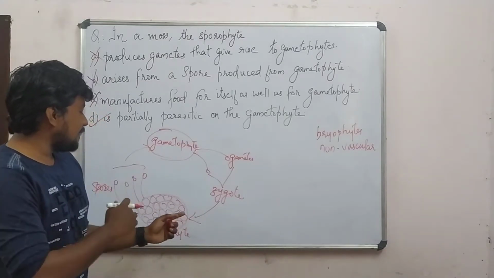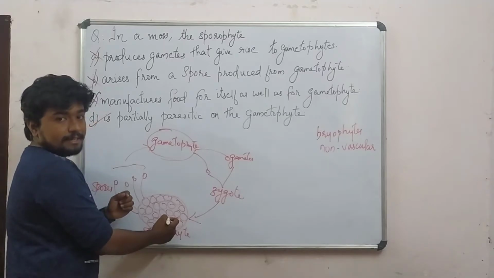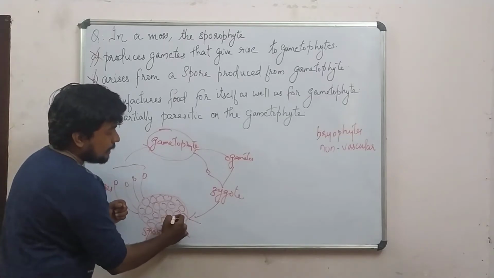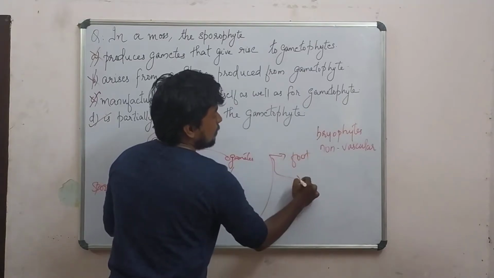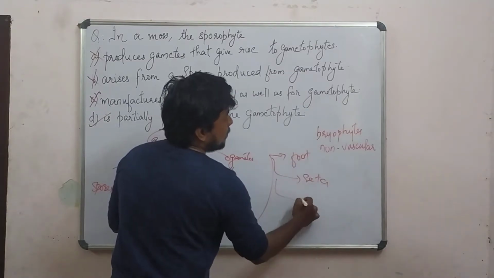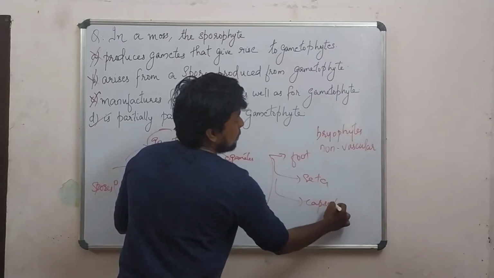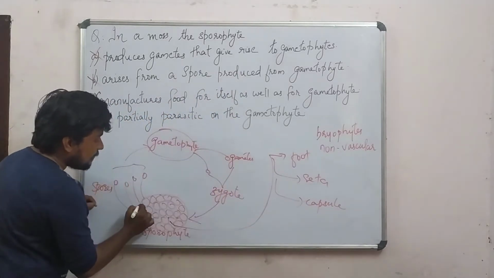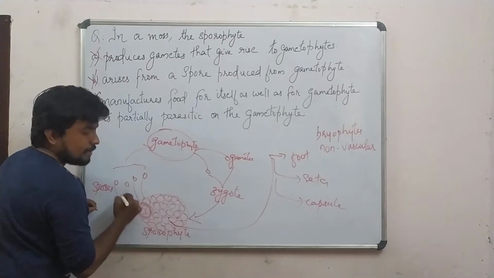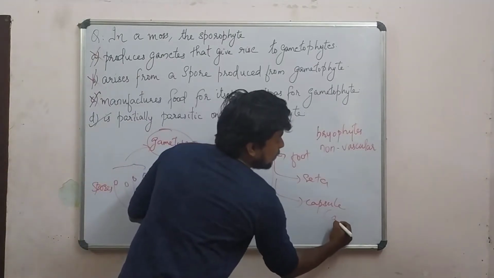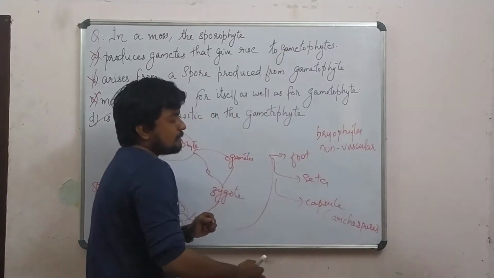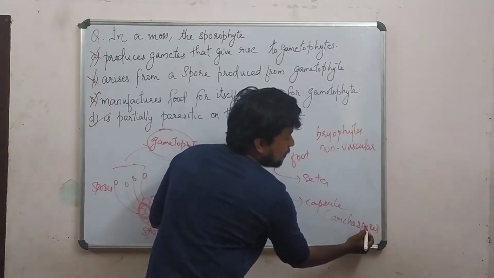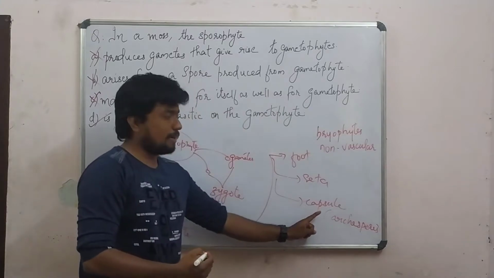So let us have an extra point here. As we discussed, this is a sporogenous tissue, and this sporogenous tissue is comprised of foot, seta, and the capsule. This capsule can be seen here. This is the capsule region, and remember it contains the archesporial cells, the spores.